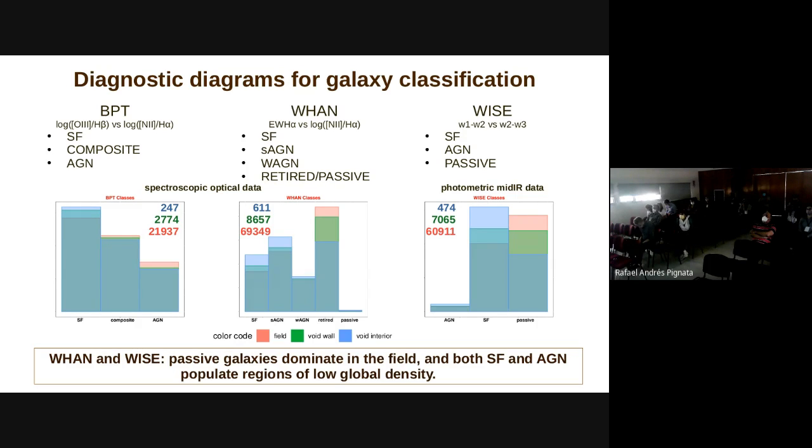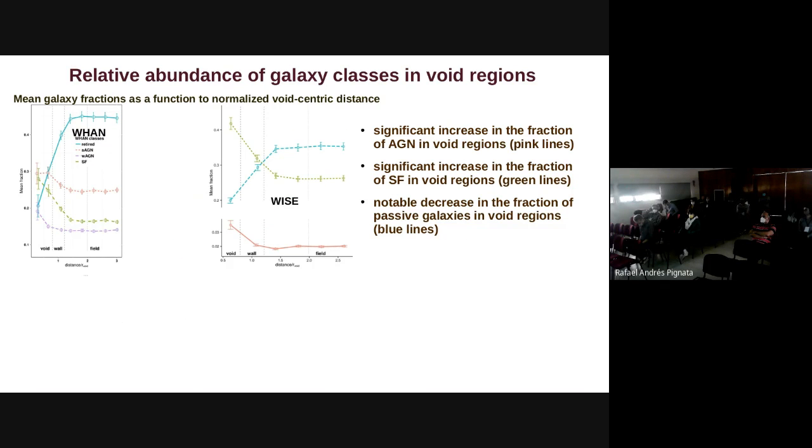It's a little bit hard to see in WISE because we have very few AGN, but also we have an important population of AGN with WISE. This is a new result because it's a very well-known behavior of galaxies in voids to be star-forming, but we didn't know that there were AGN also in voids, and in a very important number.